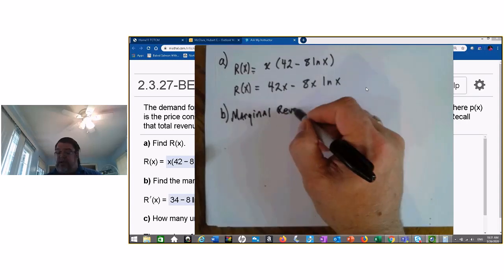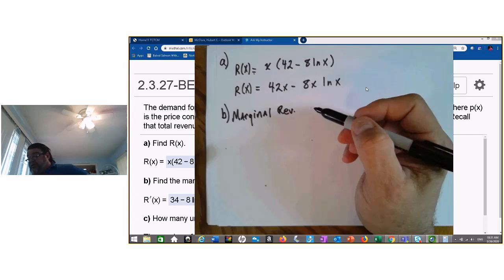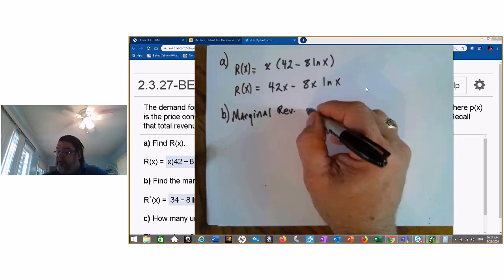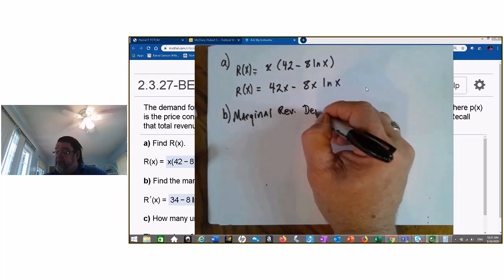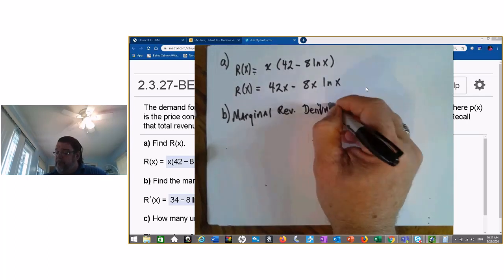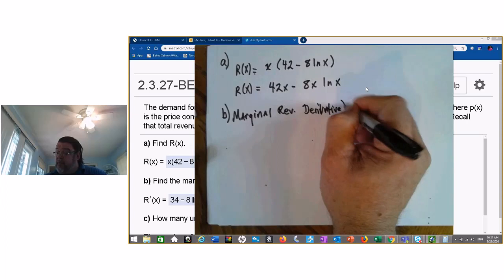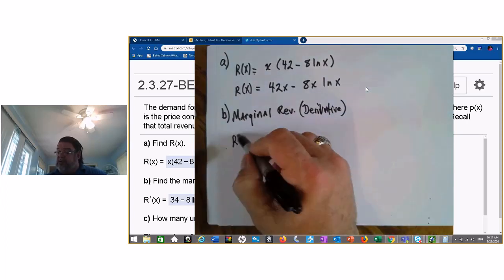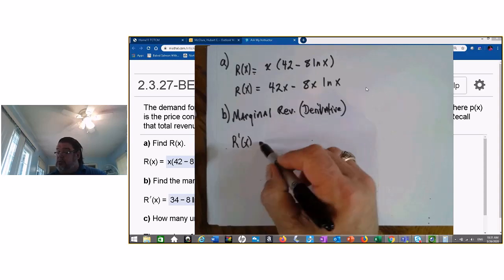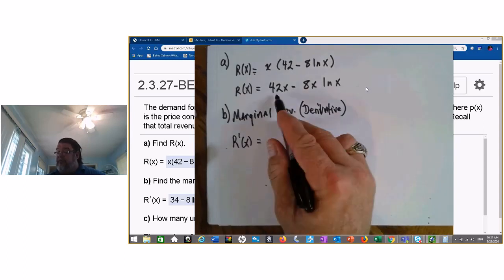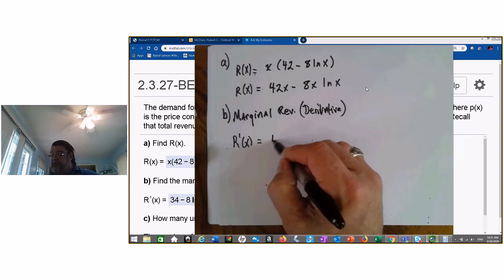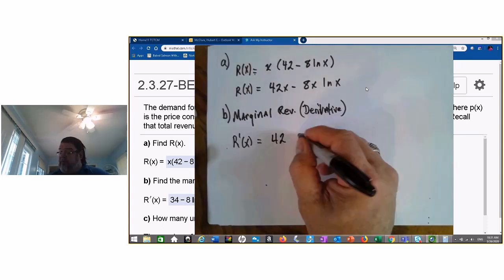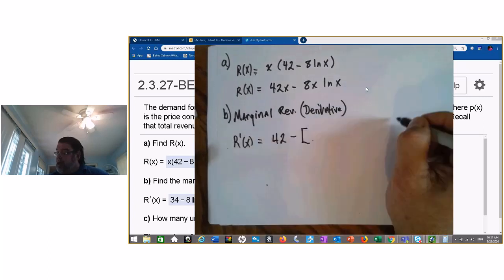Marginal revenue, just like that other one a while ago, marginal cost I think it was, where you had to take the derivative of it. So R prime of X is going to be equal to, well, the derivative of 42X is 42. Here, we've got to do the product rule.